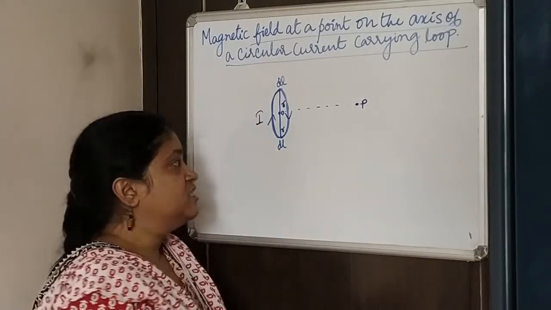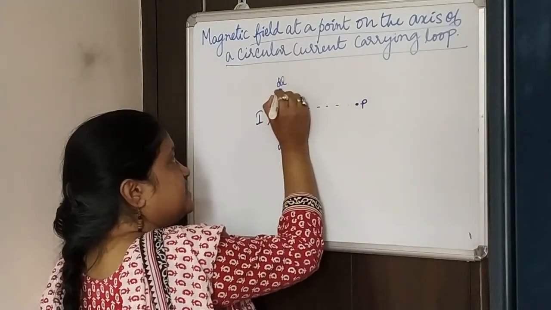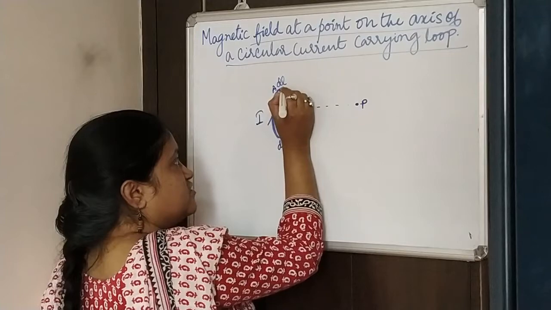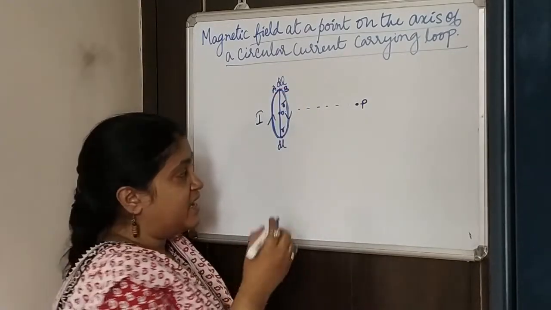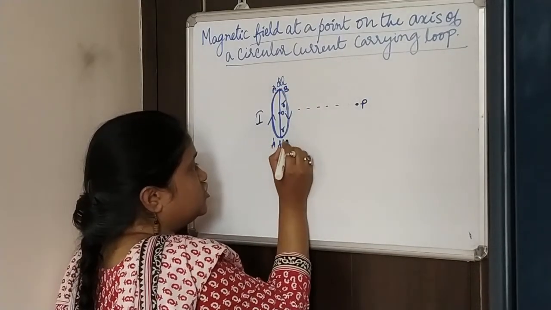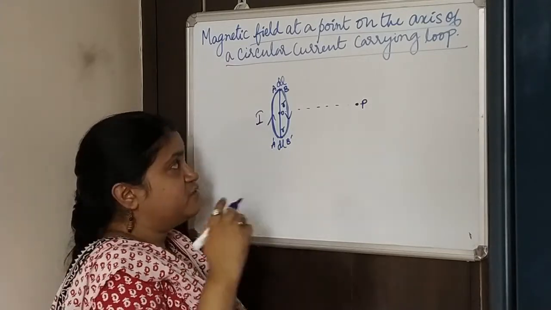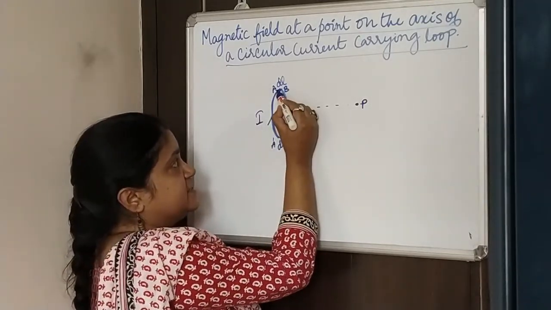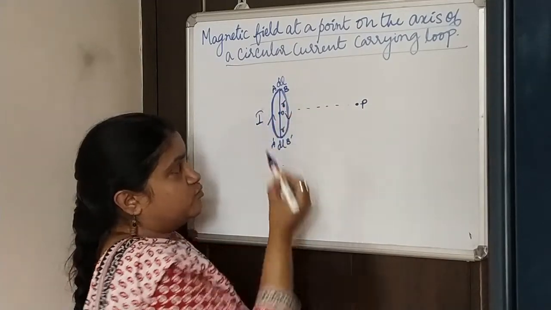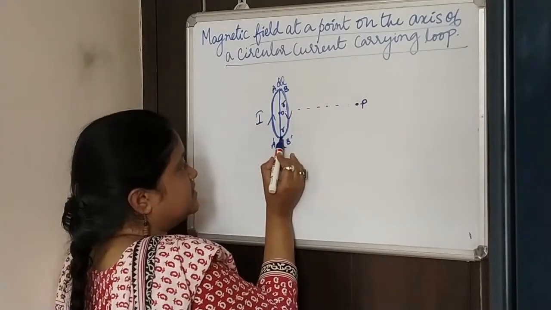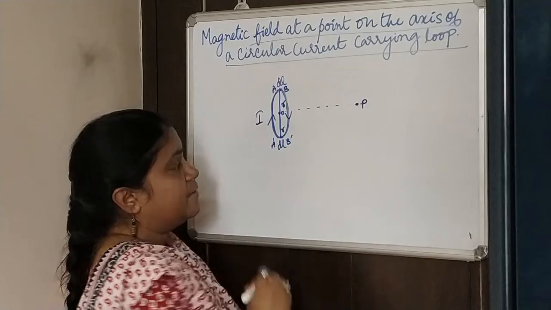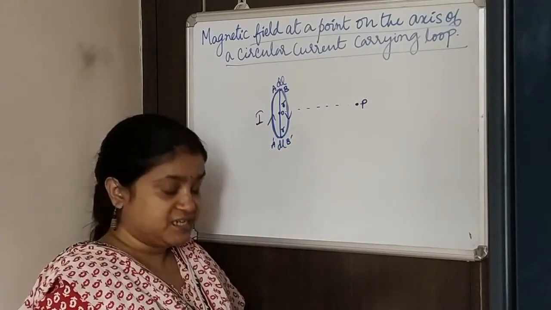Suppose this element starts from A to point B, and this one from A dash to point B dash, both of the same length. But if you see, on this side the current is flowing from A to B, whereas on this side the current is flowing from B dash to A dash.